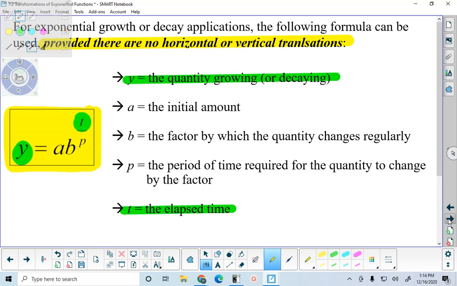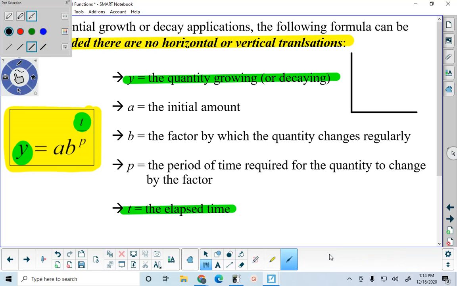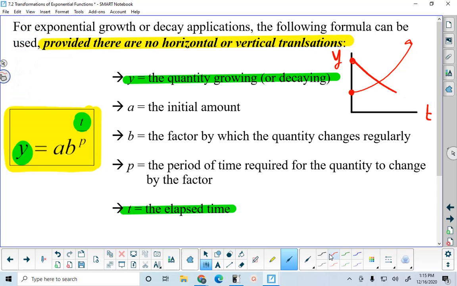What we are talking about here are applications where you have something, which we call y, and we track the amount of that thing over time. And if it's exponential growth, it looks like that. And if it's exponential decay, it looks like that.